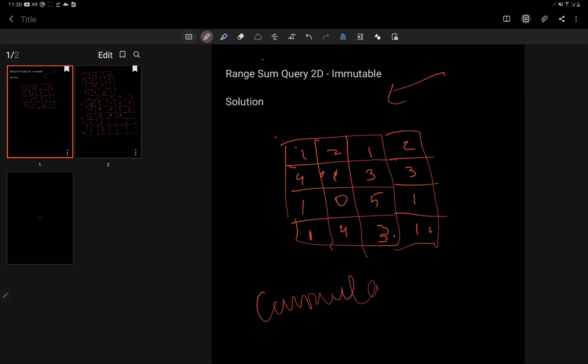The cumulative sum is the sum up to that level. In order to calculate the sum of this matrix, suppose we know the sum up to here, and we know the sum up to here, and we subtract the sum up to this minus this and add this again, then we get the sum for the matrix.